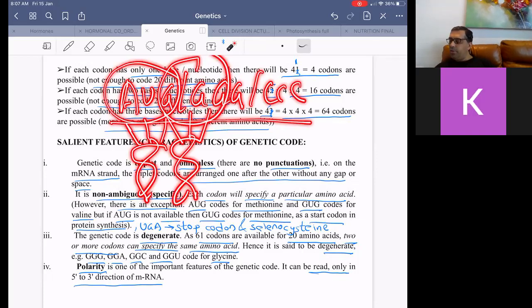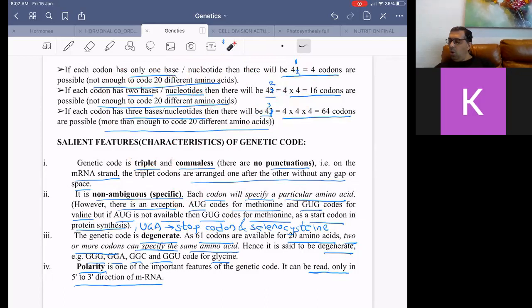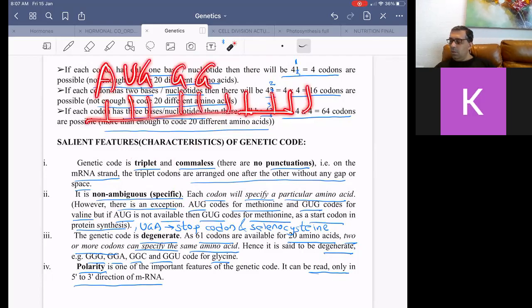Otherwise, the third codon instead of CCC will become GCC, and the sequence of amino acids will change. So skipping of a nucleotide is not allowed.